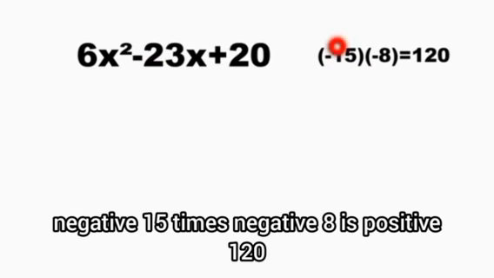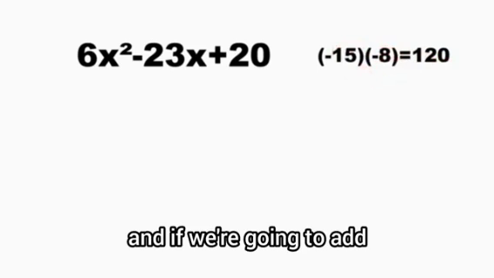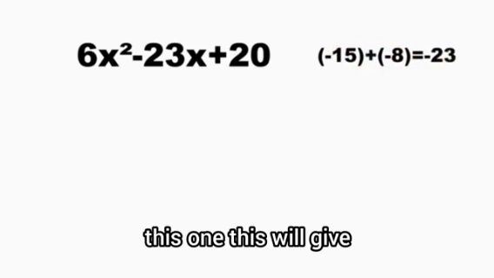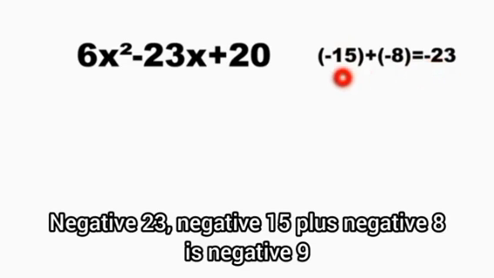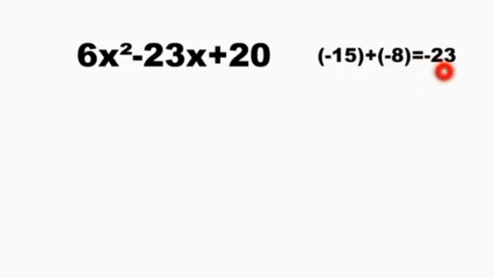So we have negative 15 times negative 8 is positive 120, and if we add these, negative 15 plus negative 8 is negative 23, the middle term.